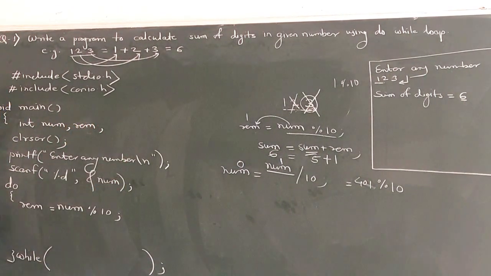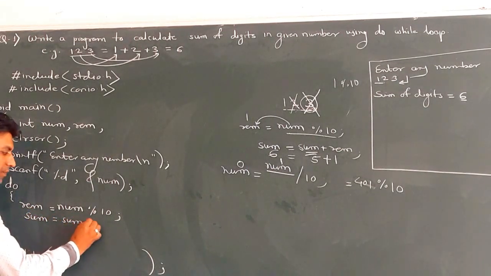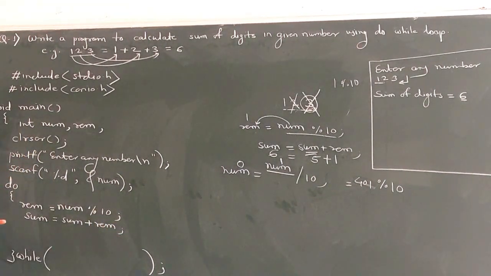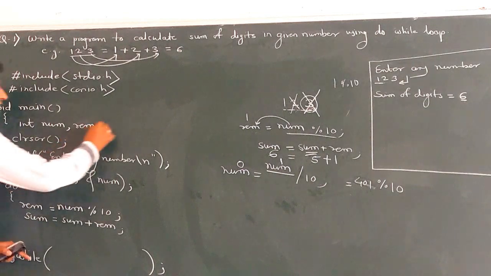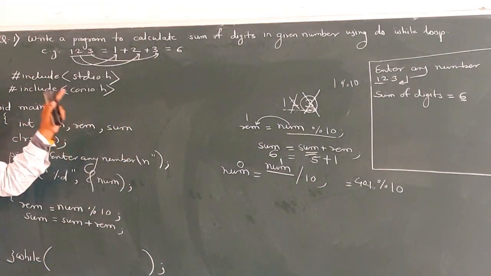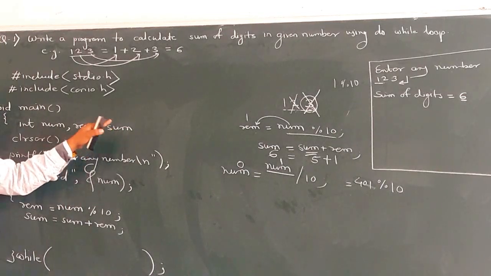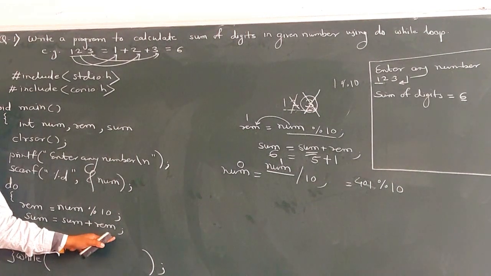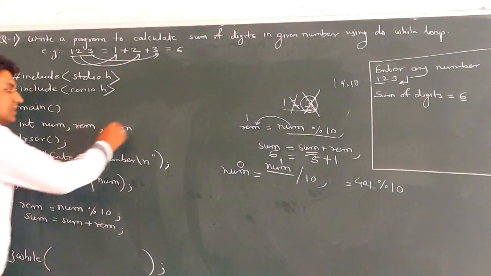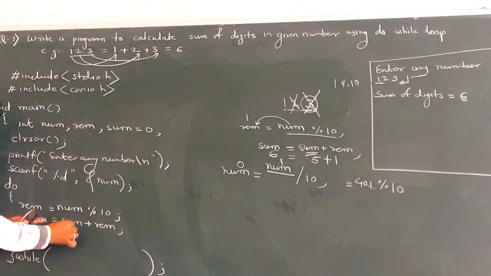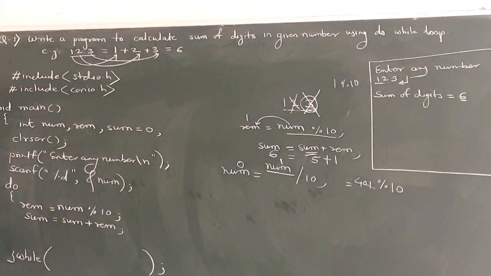Next step, add that remainder into some intermediate variable: sum plus remainder. But if I only declare sum here, what does sum contain? Garbage value. The initial value is garbage. So garbage value plus remainder gives you a wrong result. So initially initialize sum to 0. Now 0 plus remainder.